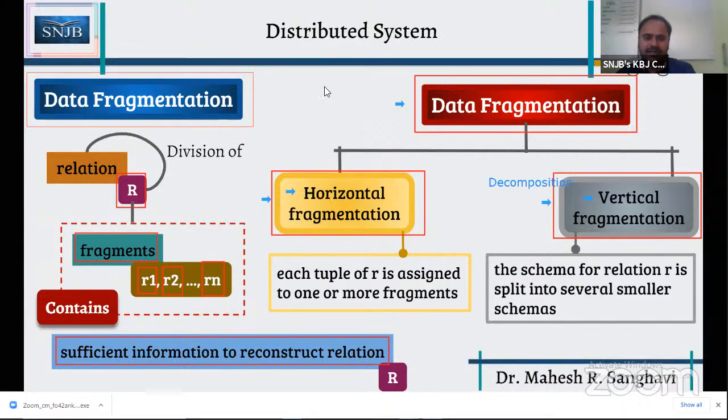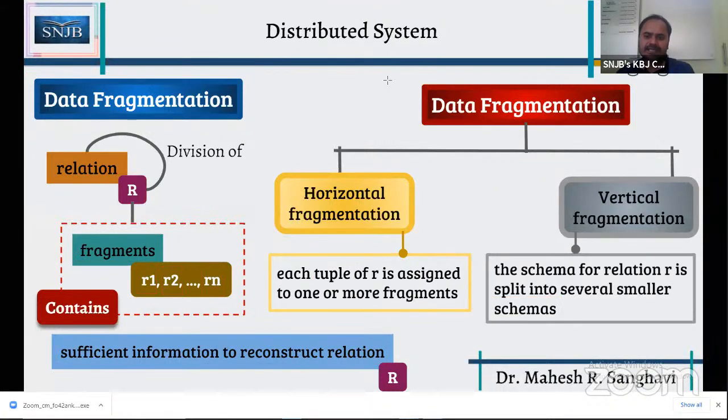Horizontal means each tuple, so there will be a division in rows, or tuples, or records, and here you will work directly on the schema, dividing the columns. Let's look at the next slide to understand how we can do horizontal and vertical fragmentation.